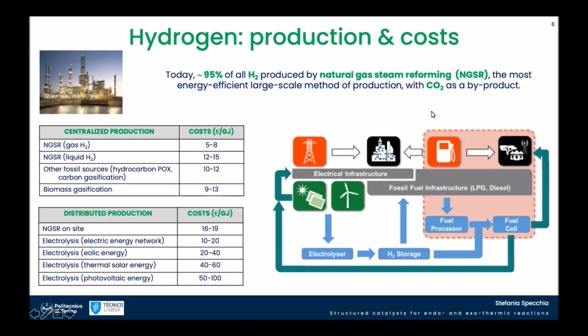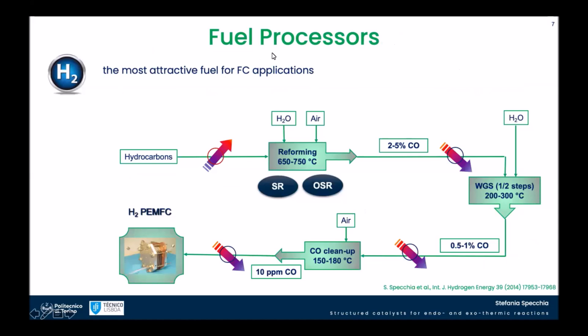natural gas can also be an interesting opportunity for local and small production by using fuel processors. Fuel processors are small units that start from a hydrocarbon, and we were studying, of course, methane.